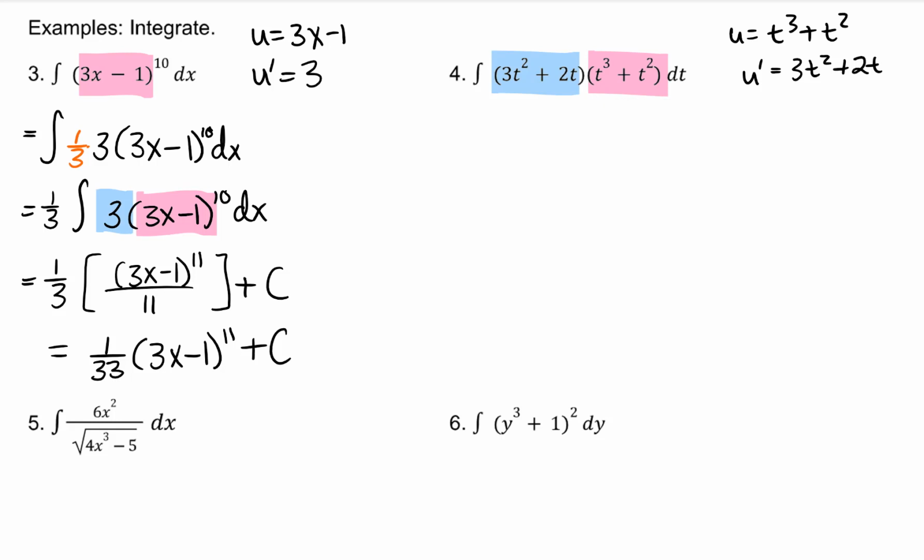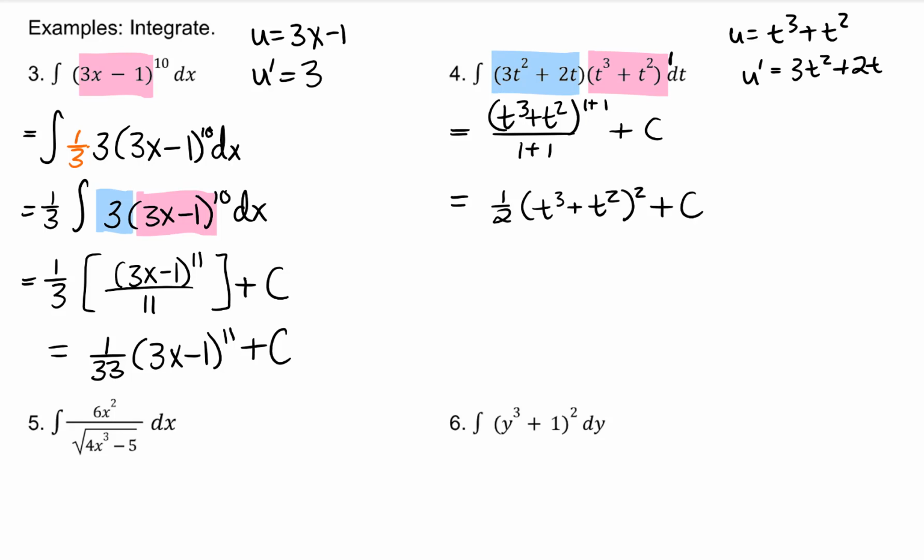So I can simply use our formula for integration. u is t cubed plus t squared to the power of 1 plus 1 over 1 plus 1 plus c. There's the answer for our integral.